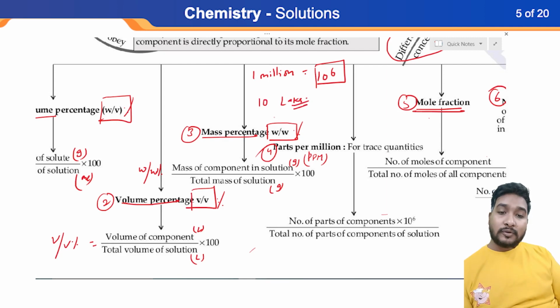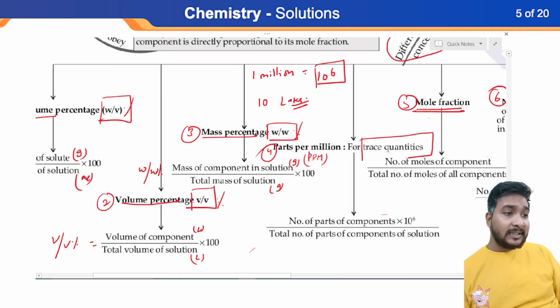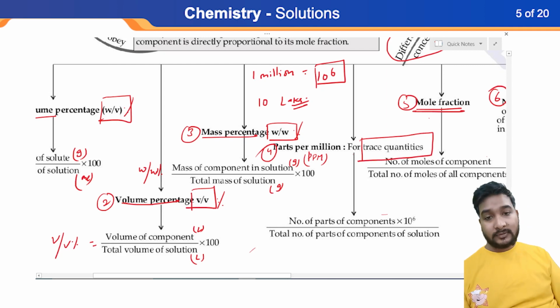How many parts of solute or component are present in 1 million parts of any solution? A very important thing is that we use this method to find out trace quantities of solute.